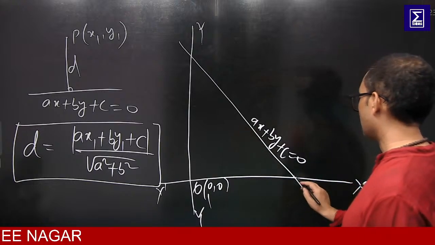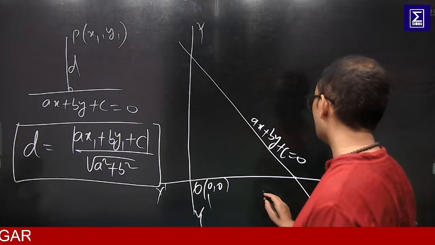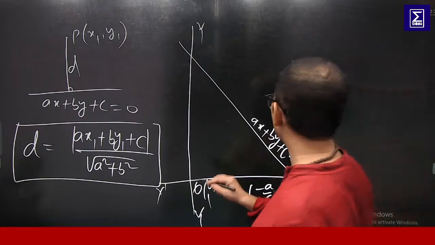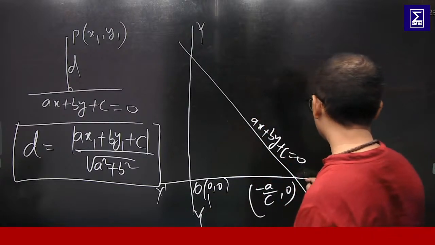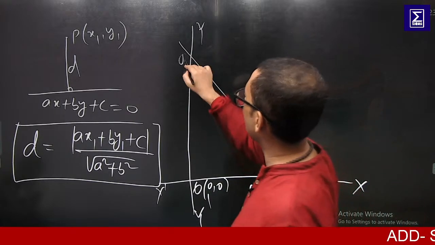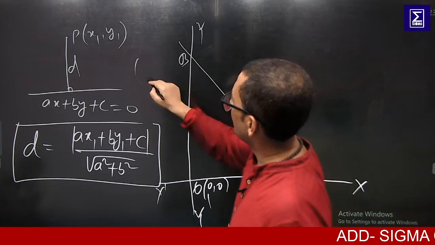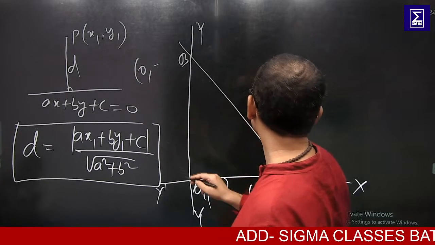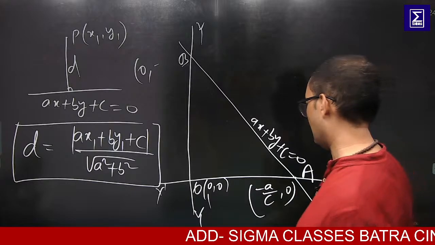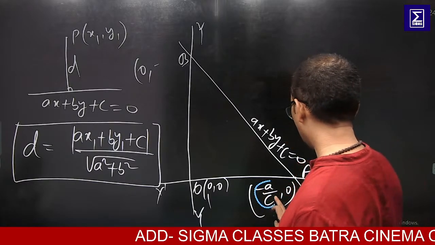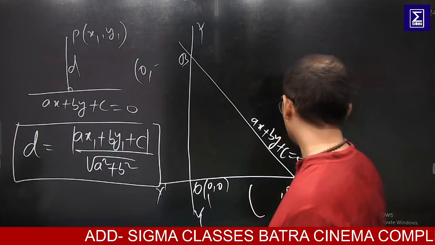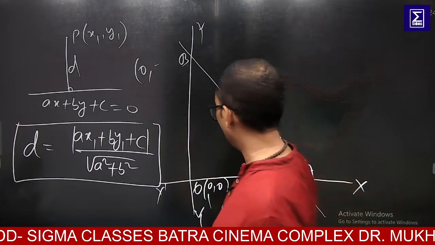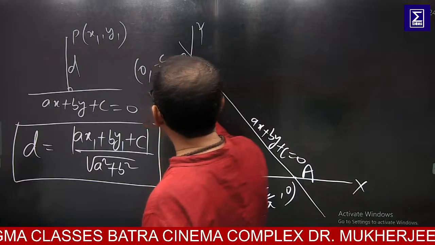So this x intercept will be minus c over a comma 0, and for the y intercept, let this point be A and this point be B. This would be 0 comma minus c over b.